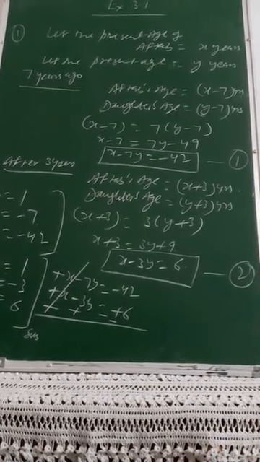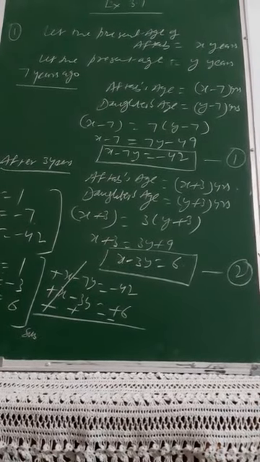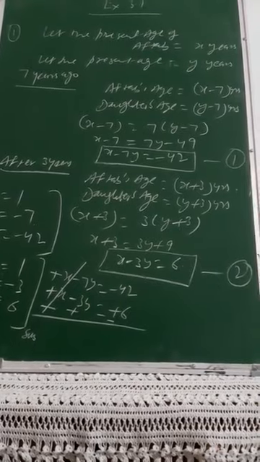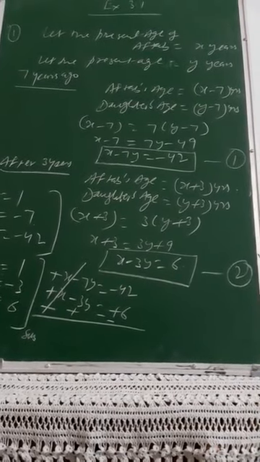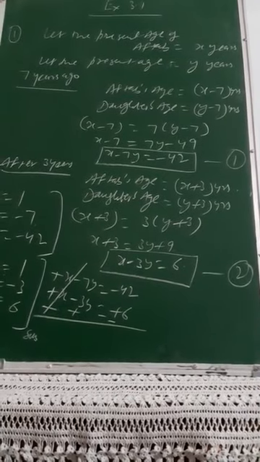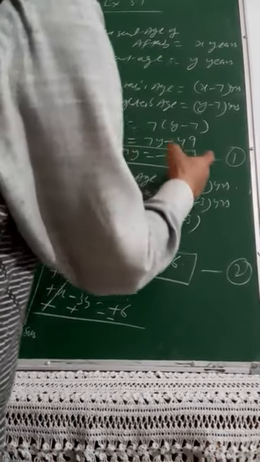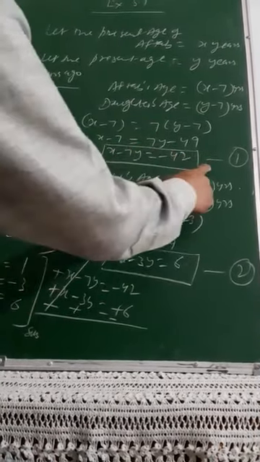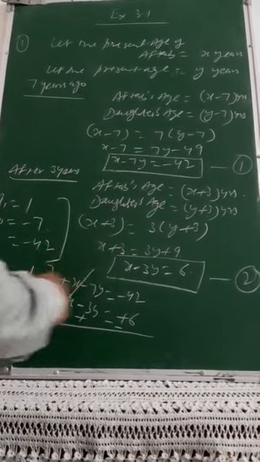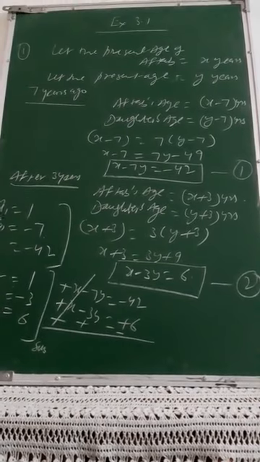But just for your convenience, if in advance I am able to calculate their ages, that is the values of y and x, that is always better. You can convert it in terms of one variable also. Express x in terms of y and then substitute here, and you will get the value of y. That is the second way.